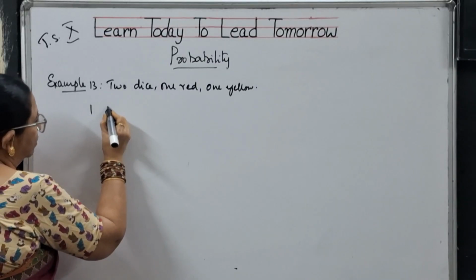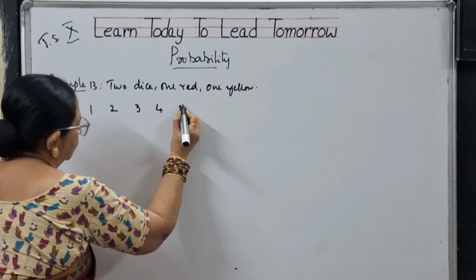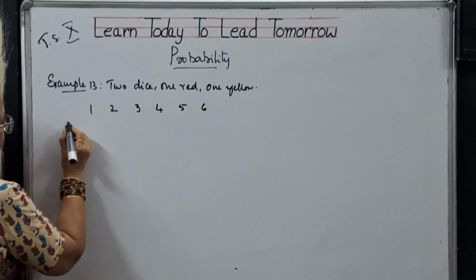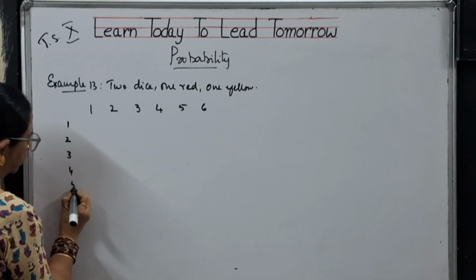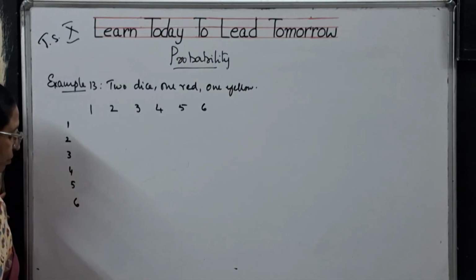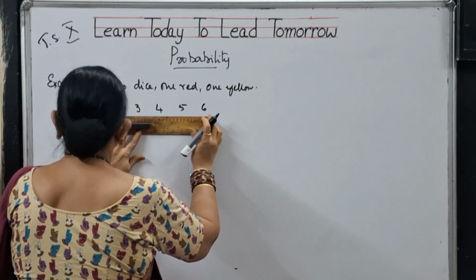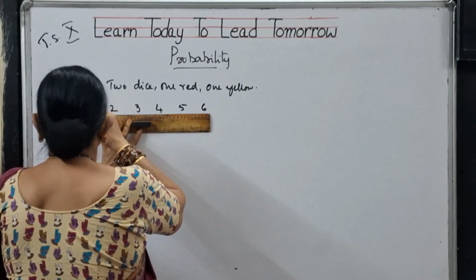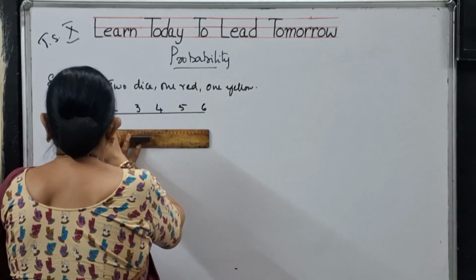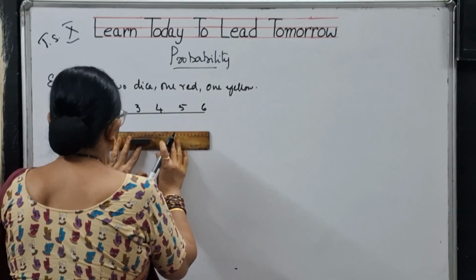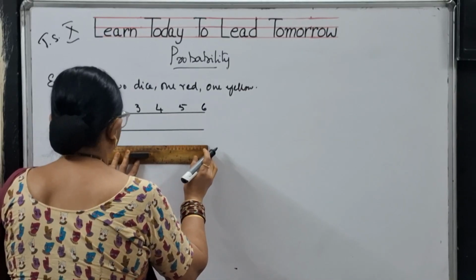See, each die has got 6 numbers. 1, 2, 3, 4, 5, 6 here. 1, 2, 3, 4, 5, 6. So let me draw a table so that we will have the correct number of elements.